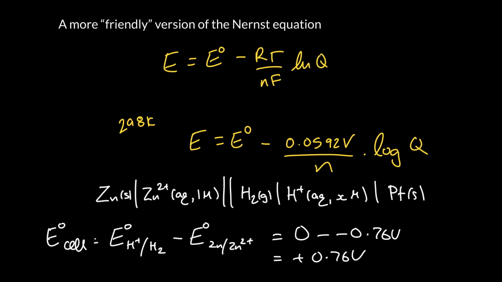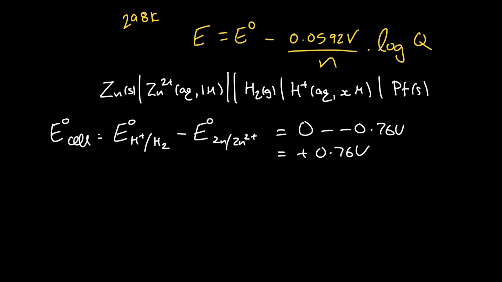And if we apply our Nernst equation to that, we'll need to know what the reaction quotient is. We'll need to know the number of moles of electrons transferred. So I suppose we should write out the chemical equation. So we've got zinc going to zinc ions plus 2 electrons. The easiest way to remember is that it essentially goes left to right, or if you like, this is the anode, so this is oxidation, so you're going to lose electrons.